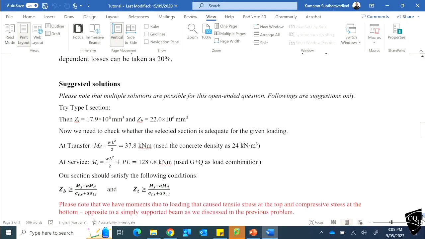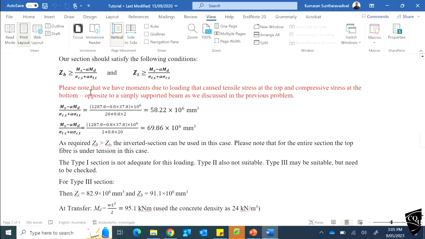So you have this, and if you put this all the values, your bending moments, yeah, MS and MD, I wrote there. You will find this one is large, 69, which is here. Okay, this one is larger, the bottom one is smaller.